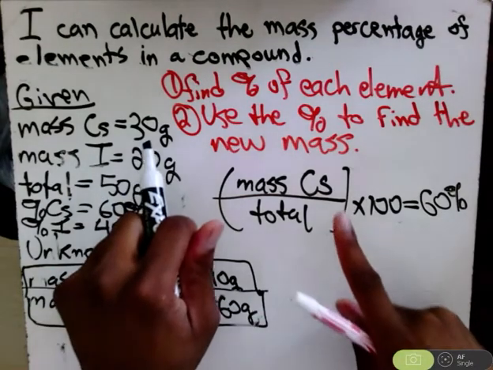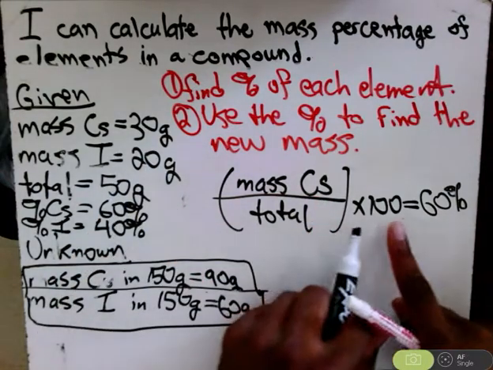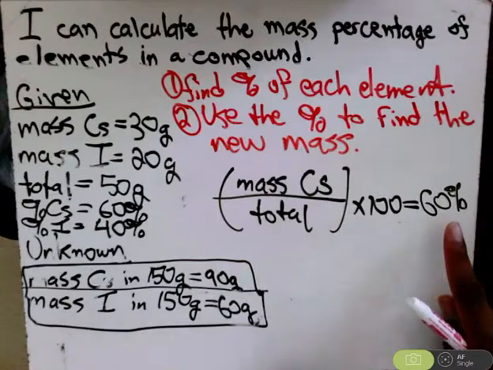So if I do 30 divided by 50 times 100, that's going to give me 60%. We already solved for that.